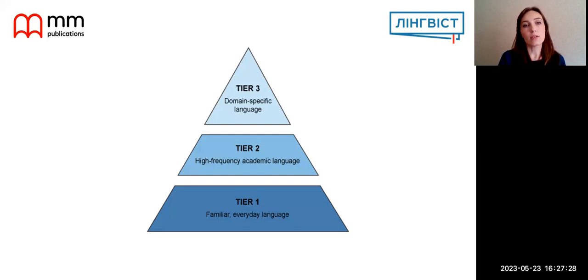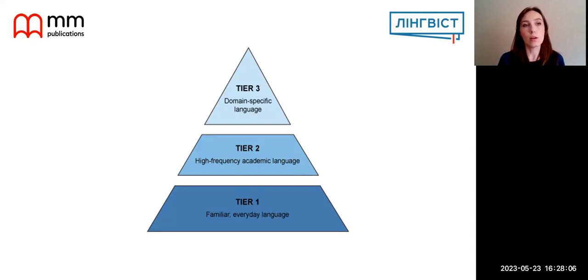The second tier includes words that are used frequently in academic settings. Words are used and found in books and written text. So the words like beneficial, authority, establish, whatever. The second tier vocabulary words often have multiple meanings, and these words usually require explicit vocabulary instruction.